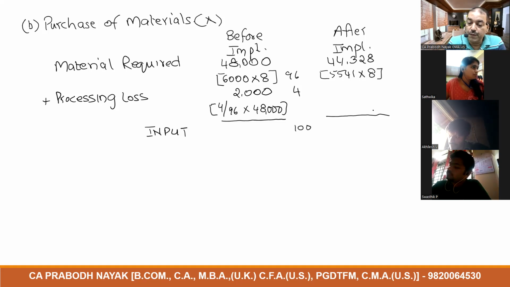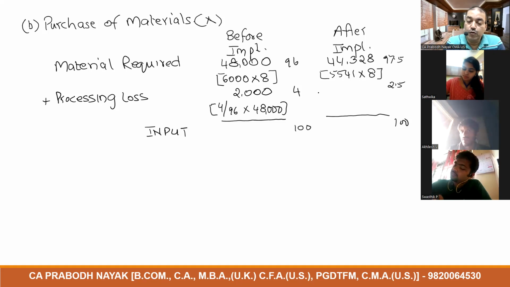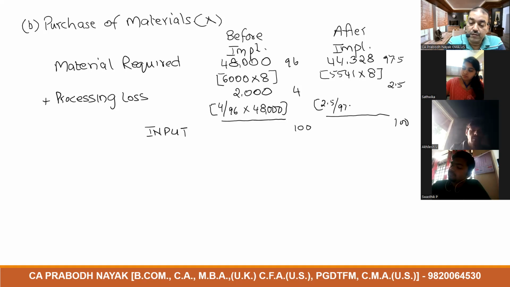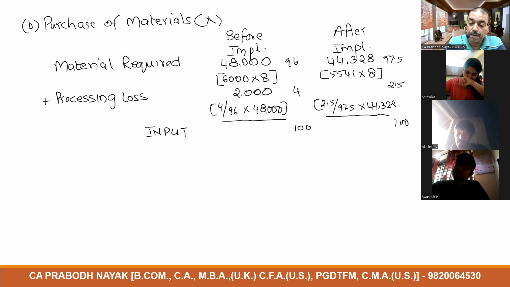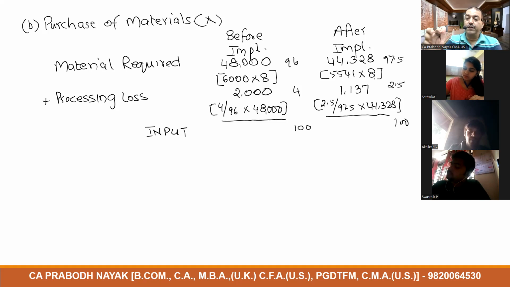Here it is going to be 2.5%. So if this is 100, this is 2.5. So this will be 97.5. So in that case, 2.5 divided by 97.5 into 44,328 will be 1,137.